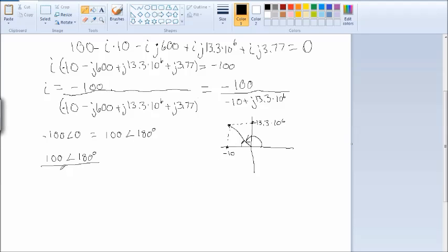So the magnitude is going to be, using Pythagorean's theorem, the square root of 10 squared plus 13.3 times 10 to the 6th squared.